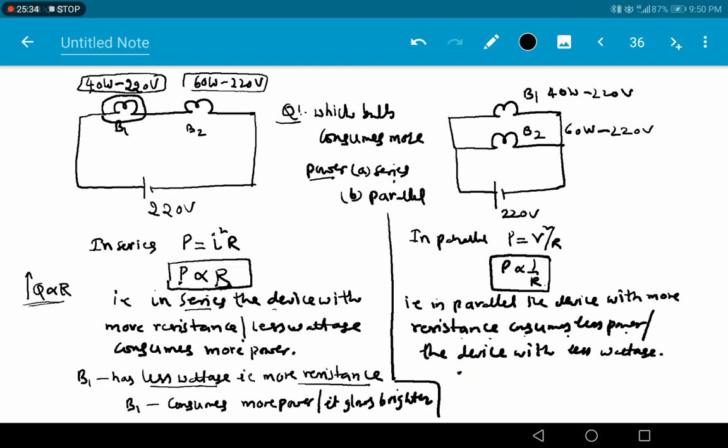Next, come to this parallel combination. In parallel combination, what will happen? The device with less resistance, so less resistance, nothing but what? More wattage.